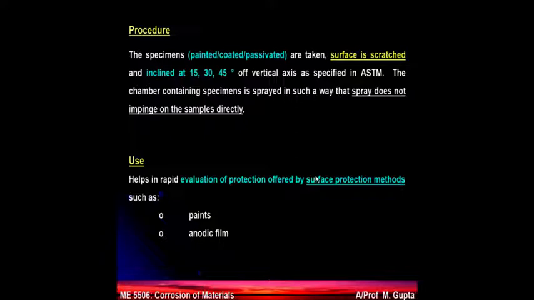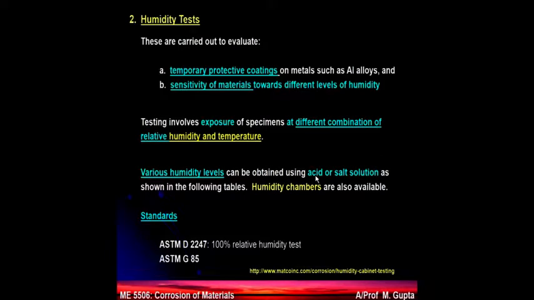And this method is used to see whether the surface protection methods like paints and anodic films are working properly or not. So it is just to evaluate the reliability of the paints and anodic films. Similarly, you have the humidity test, and you know that humidity plays a major role.